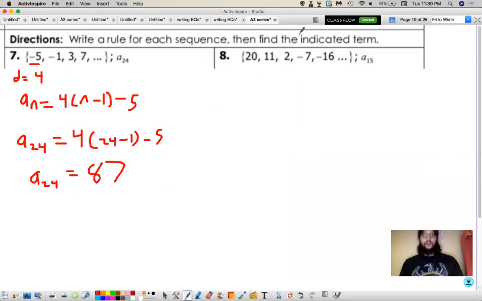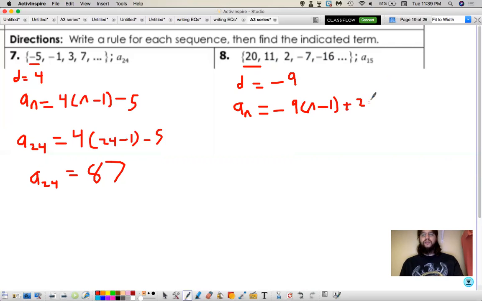Cool. Let's check this one out. So obviously a1 is 20. That's where we're starting with the first term of the sequence. So that's a1. For the difference, I went down by 9, down by 9, down by 9. Yeah, I went down by 9 every time. So negative 9 times n minus 1 plus 20.